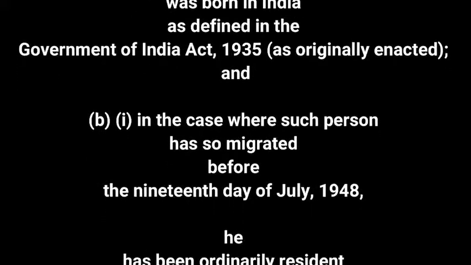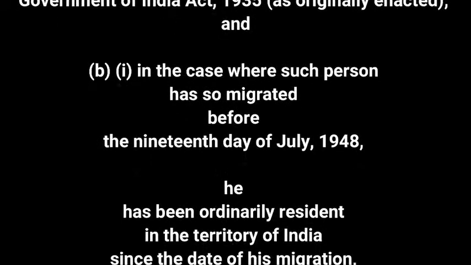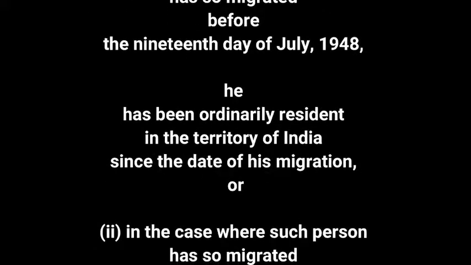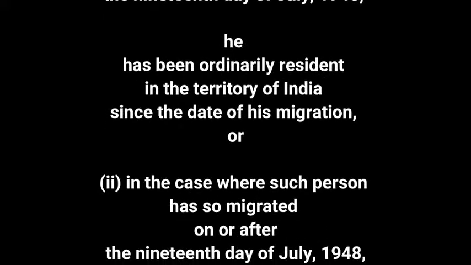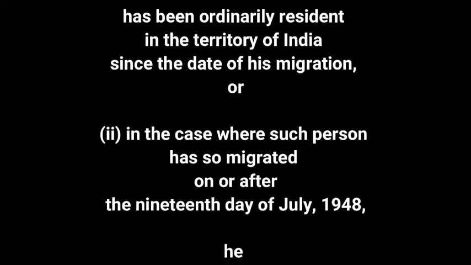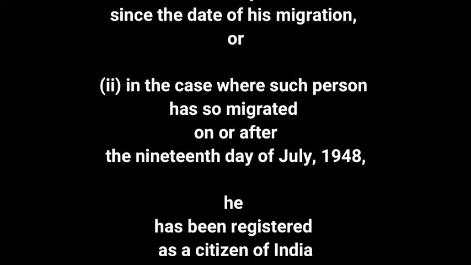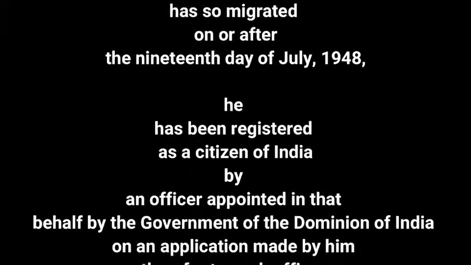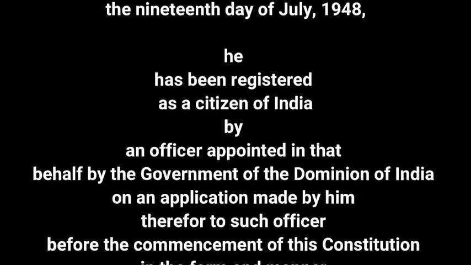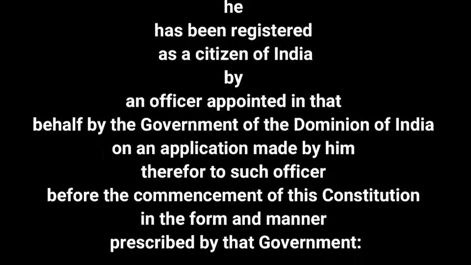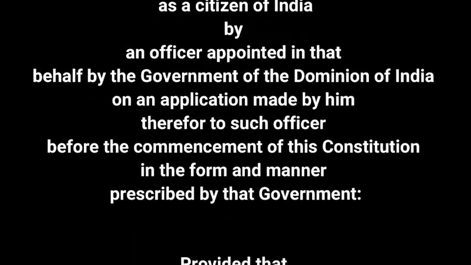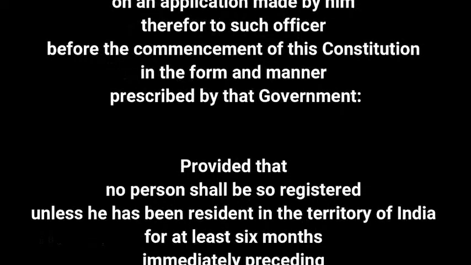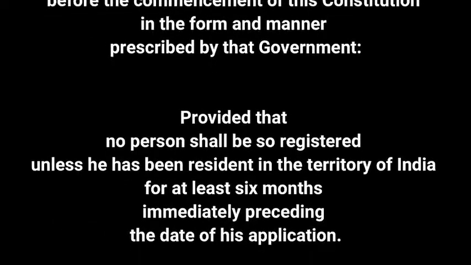And in the case where such person has so migrated before the 19th day of July, 1948, he has been ordinarily resident in the territory of India since the date of his migration, or in the case where such person has so migrated on or after the 19th day of July, 1948, he has been registered as a citizen of India by an officer appointed in that behalf by the Government of the Dominion of India, on an application made by him therefor to such officer before the commencement of this Constitution, in the form and manner prescribed by that government.